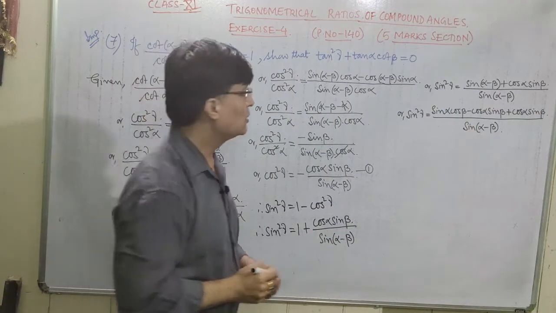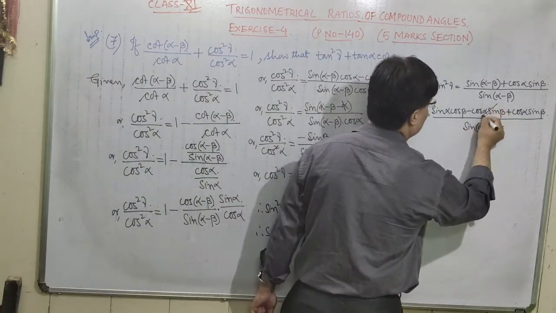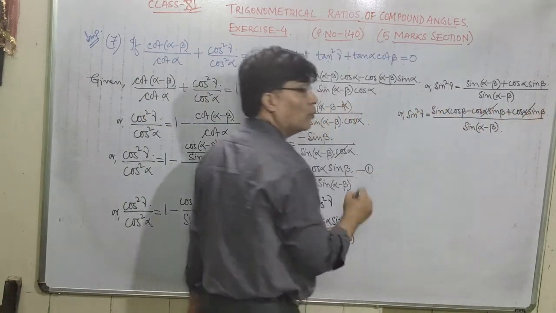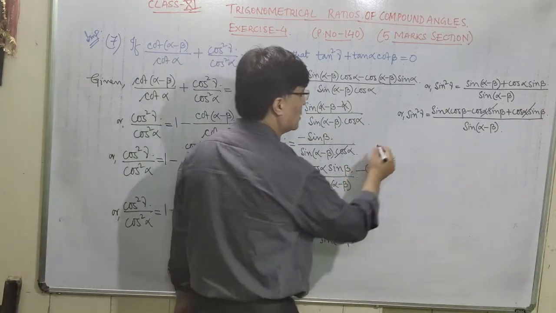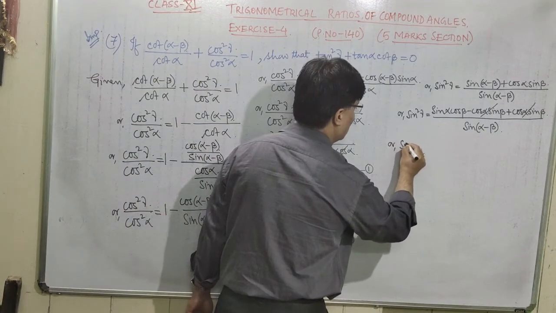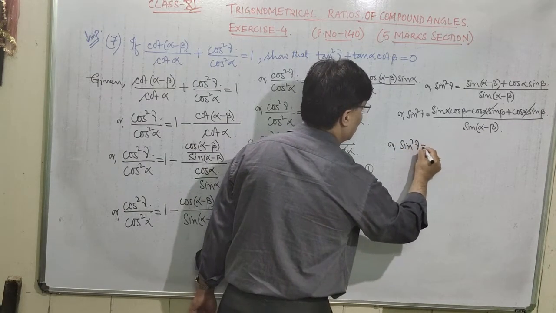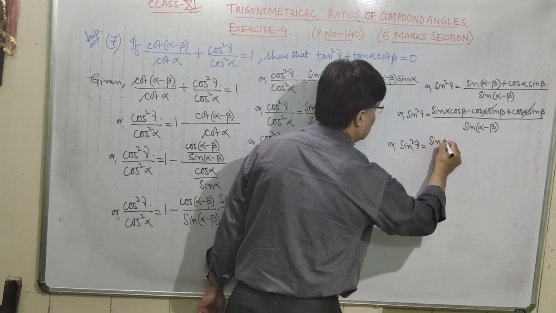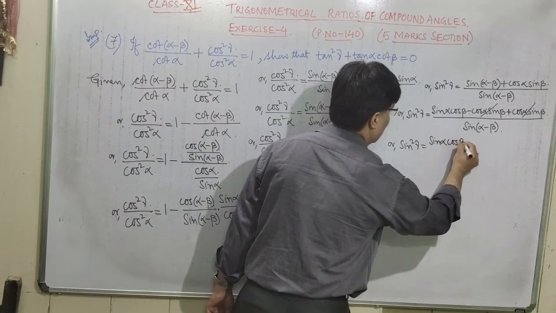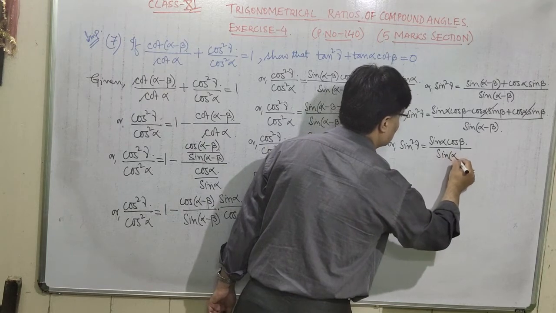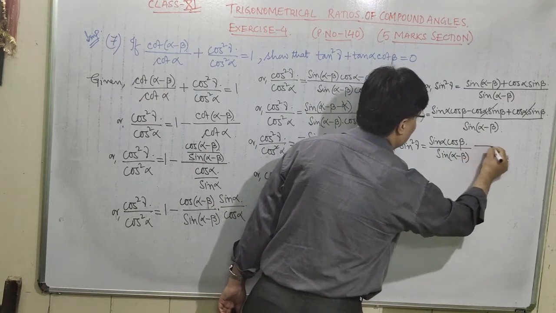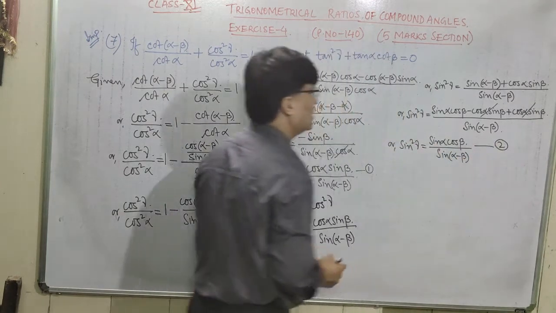Is that clear? So we can cancel this: minus cos alpha sine beta and plus cos alpha sine beta will be cancelled. So what do we get? Sine square gamma is equal to sine alpha cos beta divided by sine of alpha minus beta. So let us mark it number 2.